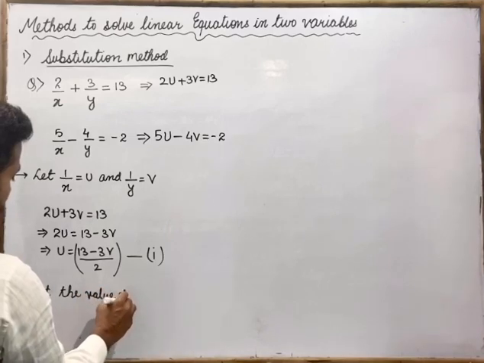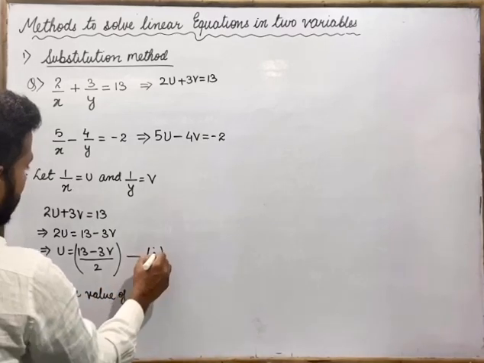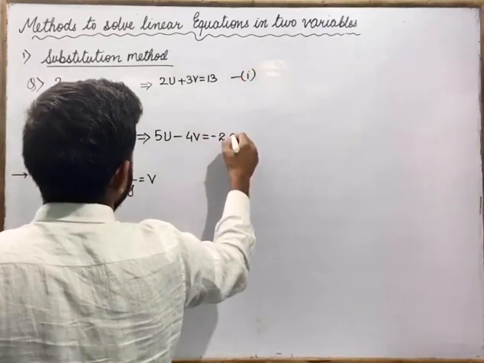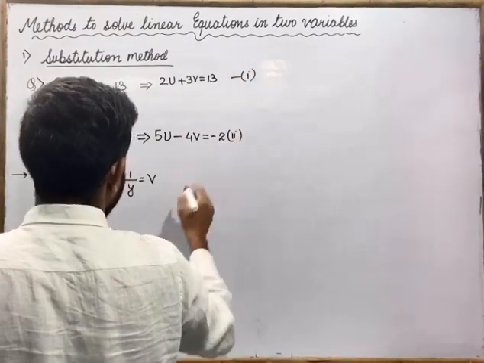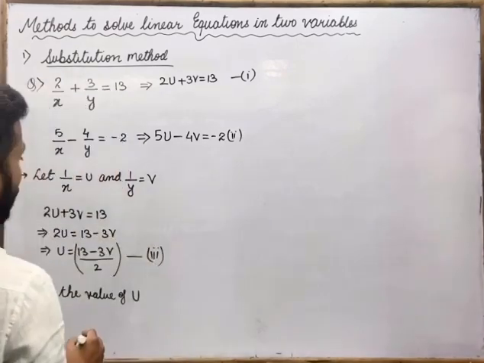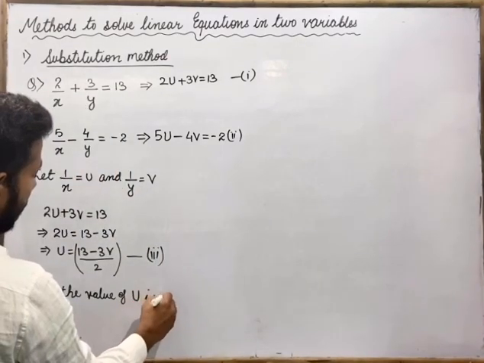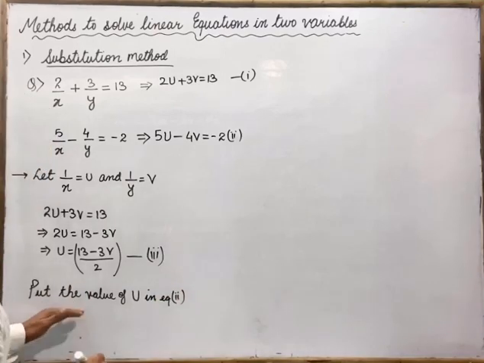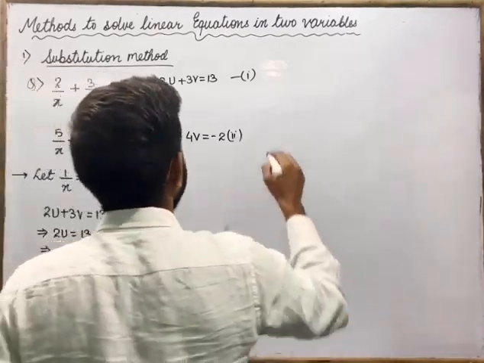Let us number the equations as first and second. Put the value of u in equation 2. When you put the value of u in equation 2, let us solve it.